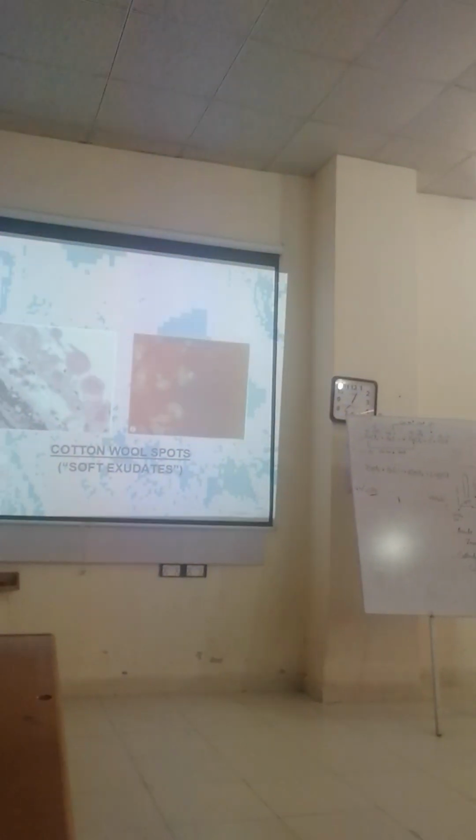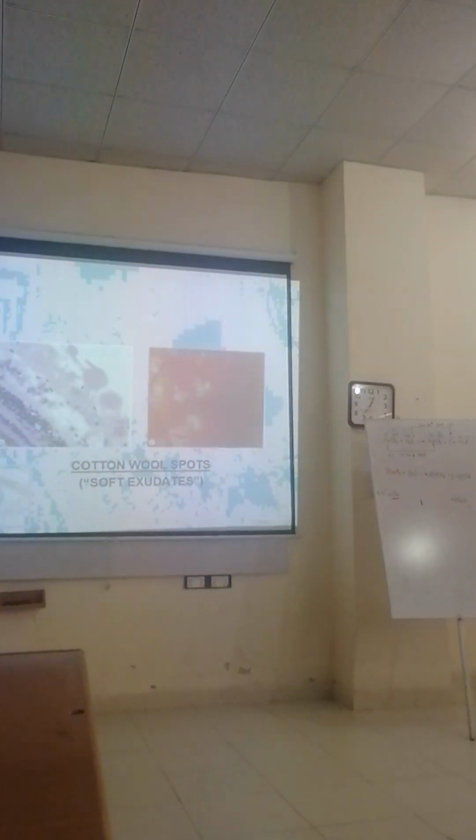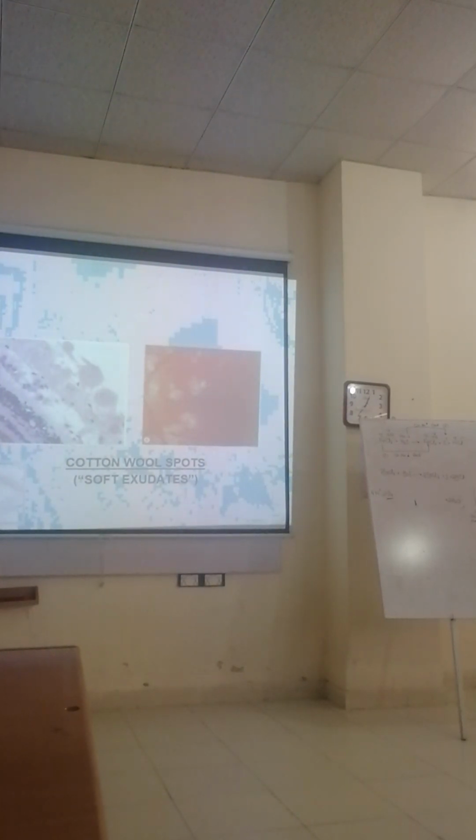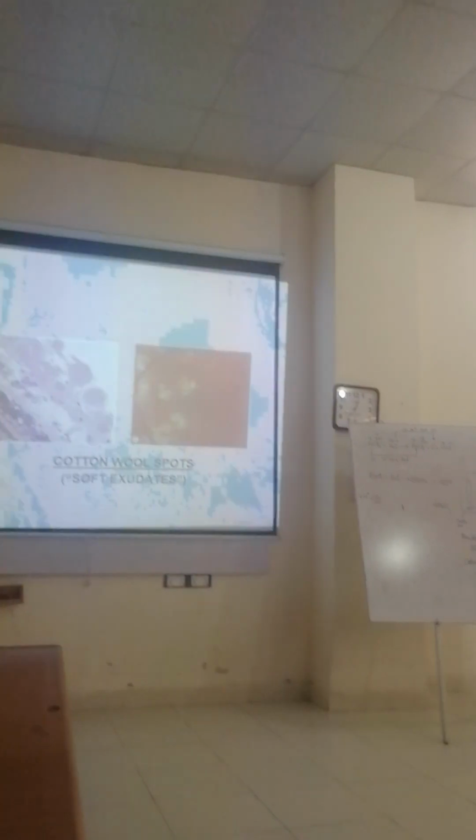Number 1, microaneurysm. Number 2, intraretinal hemorrhage. Number 3, hard exudates, and not cotton wool spots. These 3, plus retinal edema. These form the first stage of diabetic retinopathy, which we call background diabetic retinopathy.